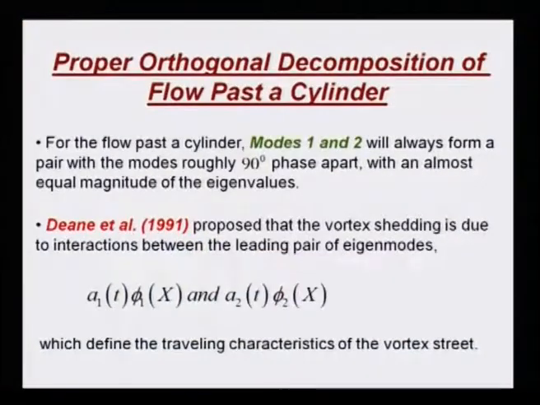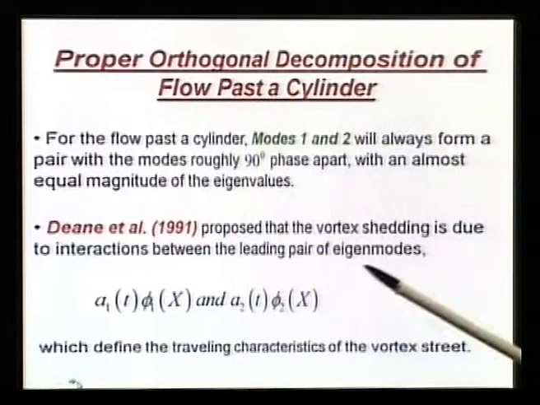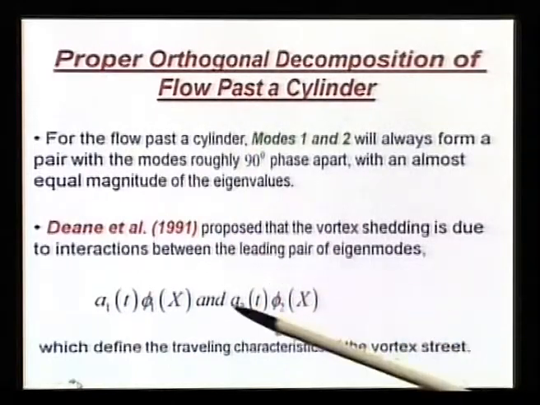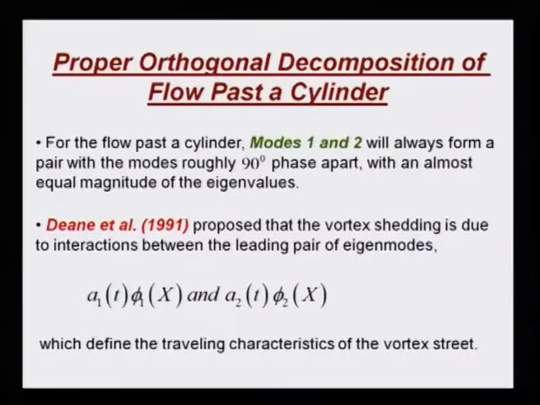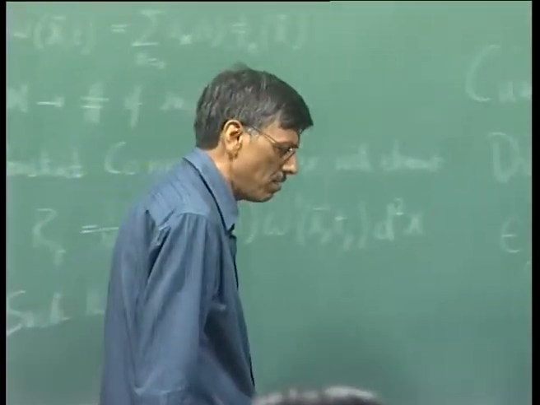This work done by Dean and co-authors, they propose that what you see as the vortex shedding is due to the interaction between the leading pair of eigenmodes. That's what it is, right? A1 phi 1 and A2 phi 2. And then they said the way they interact, that defines the travelling nature of those shed vortices.